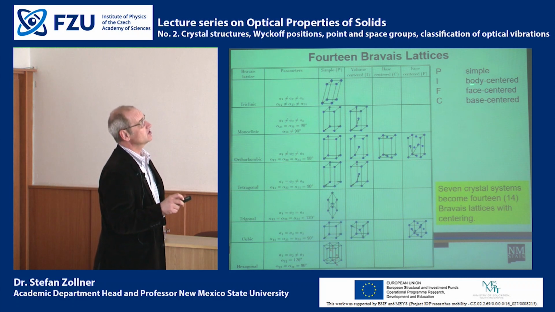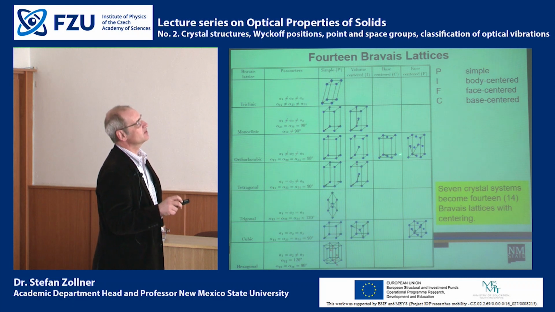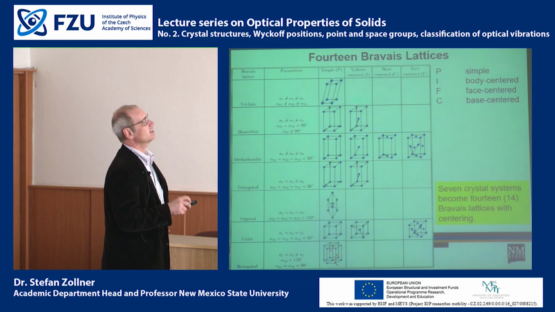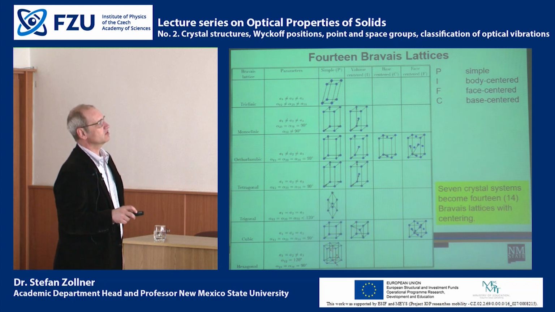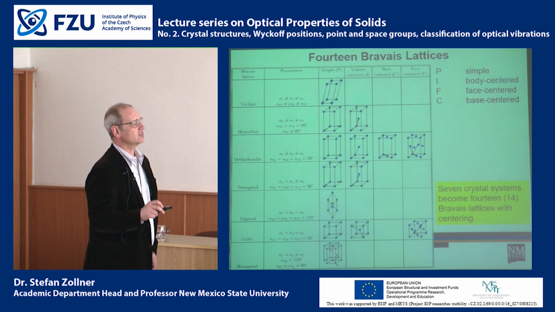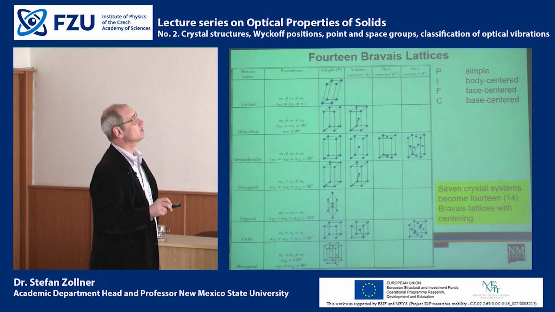The letter I means that this is a body-centered cell. The letter F means that it is a face-centered cell. Here in the cubic case is the face-centered cell. And then there's also the base-centered cell in the orthorhombic or tetragonal case, where there's an atom at the base, but not on the other 4 faces. So from the 7 crystal systems, we get 14 Bravais lattices if we include centering.